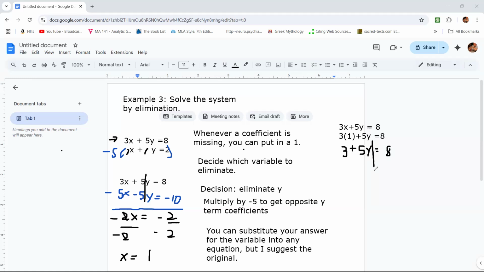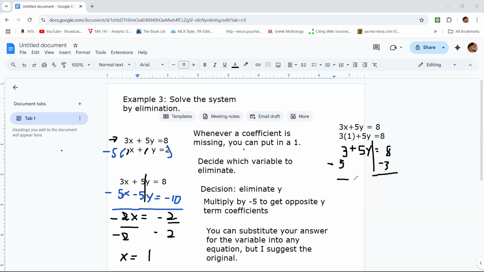And I'm going to get rid of this 3 on this side. So I'm going to subtract 3 from this side of the equation. So these are 3's.